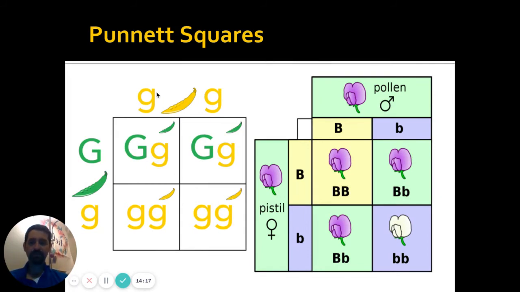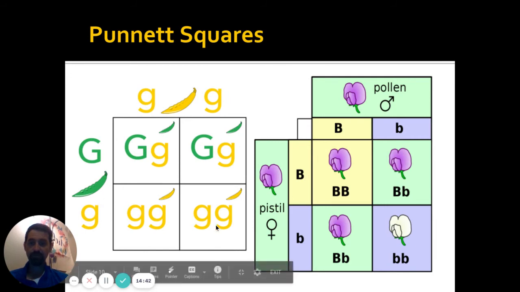It doesn't have that dominant allele. So whenever we crossed this parent with this parent here, this one could either contribute a capital G or lowercase g. This parent could only contribute a lowercase g. So when we did our cross, we bring this one down here and down there, same here, and then we carry this one across this way and this one across this way.